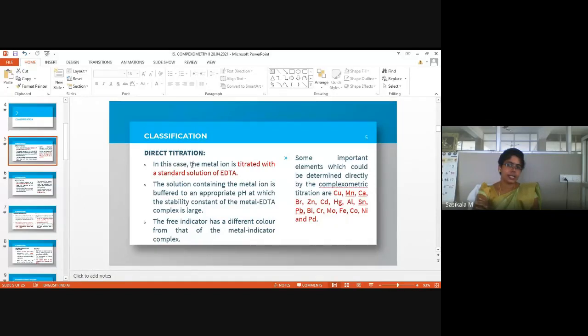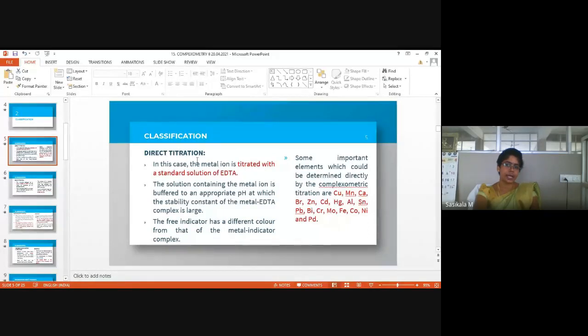So what is direct titration? Metal ion will be directly titrated with a known standard of EDTA. EDTA is nothing but ethylene diamine tetraacetic acid. You will see the chemical structure of EDTA in forthcoming slides.